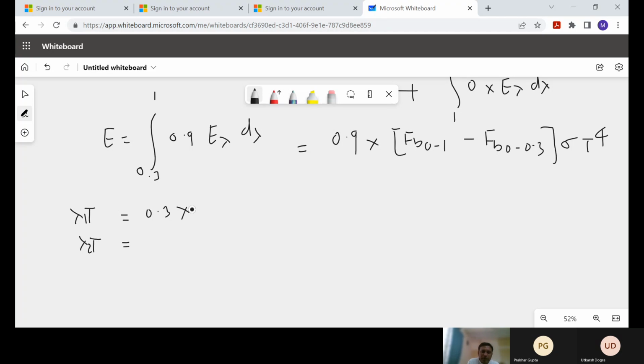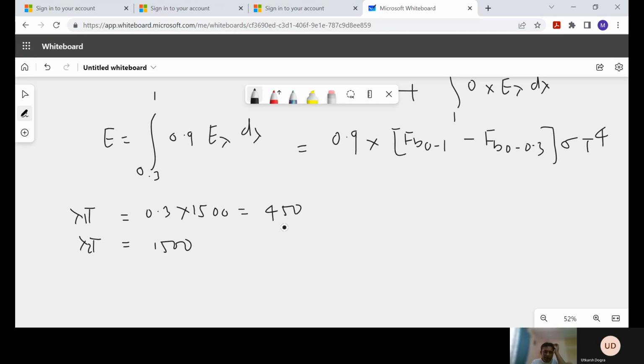So 0.3 into temperature, which is 1500, comes around 450, and the other one comes around 1500.